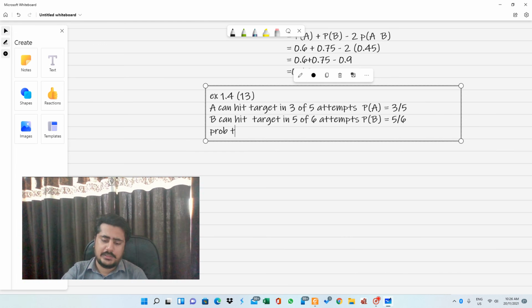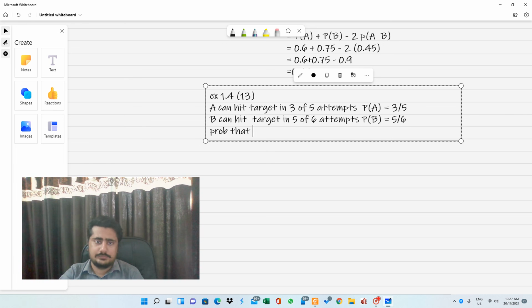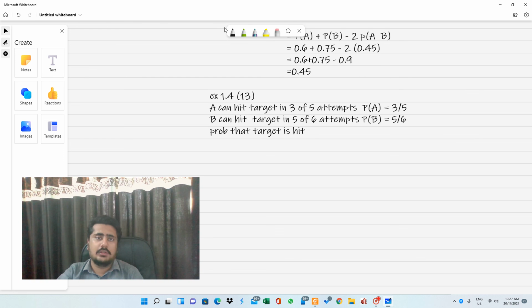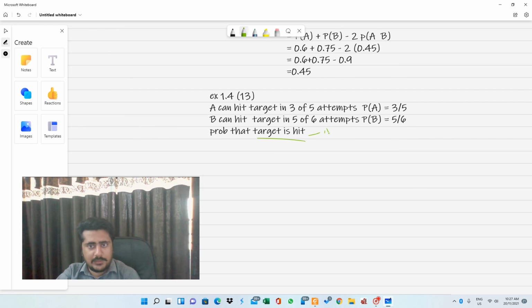Find the probability that the target is hit. Now, just analyze the question first. What does this mean, target is hit? If A is hitting the target, then the target is hit. If B is hitting the target, the target is hit.